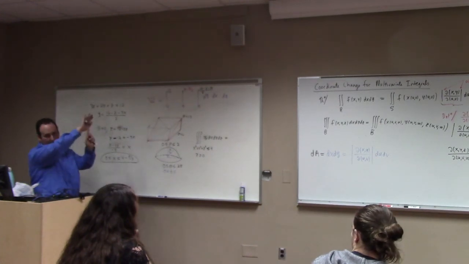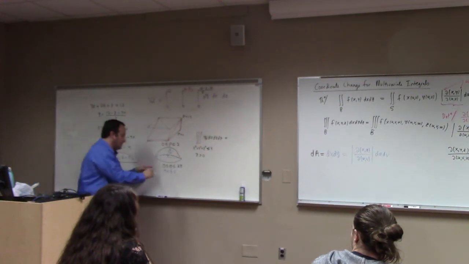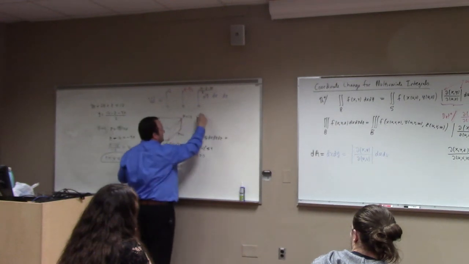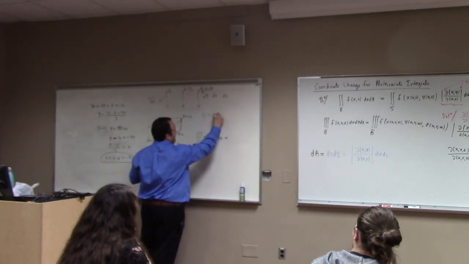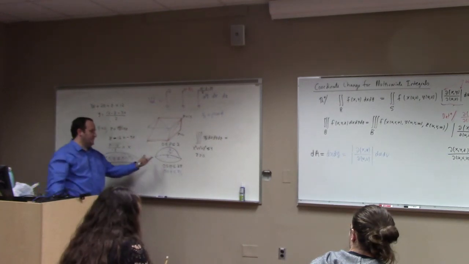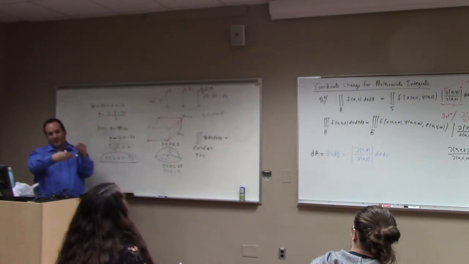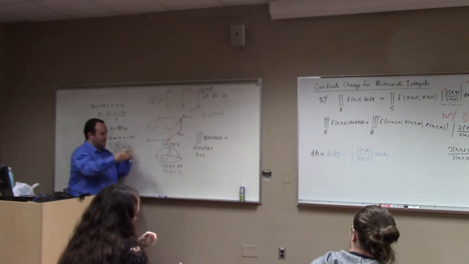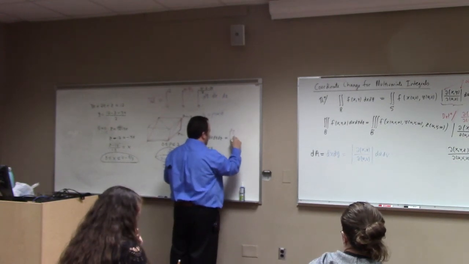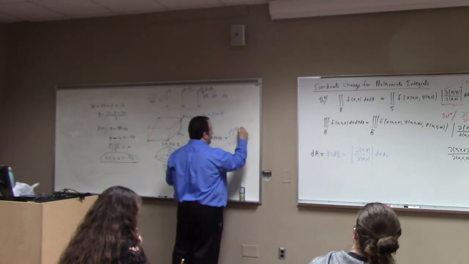Pi would give you the full sphere. Pi over 2, because remember, we have the formula z is equal to rho cosine phi, right? So if this is z equals 0, that's where phi is equal to pi over 2. So if I change the bounds to spherical coordinates, I go 0 to 2 for my rho, 0 to 2 pi for my theta, 0 to pi over 2 for my phi.